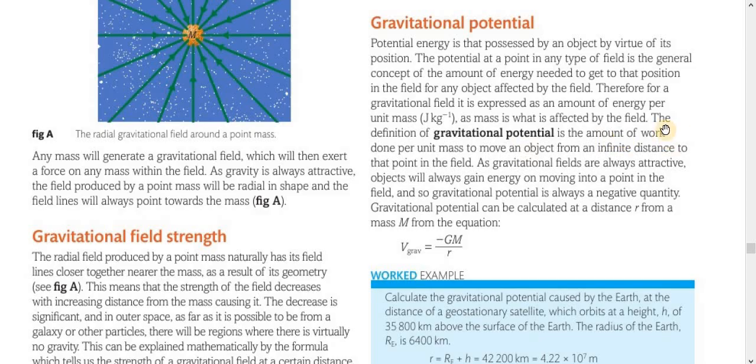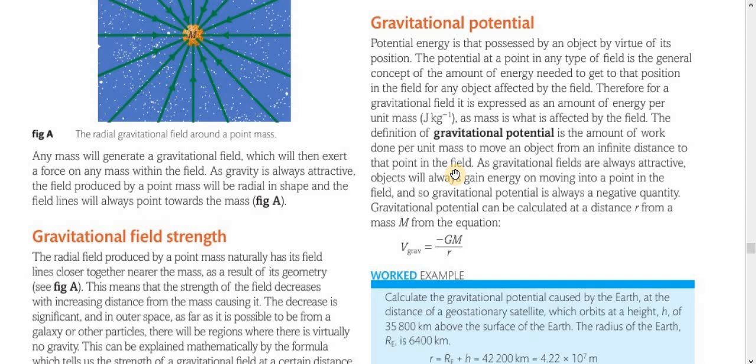And here is the definition. You have to know these definitions because in the exam papers they can ask you to write it down. The definition of gravitational potential is the amount of work done per unit mass to move an object from an infinite distance to that point in the field. Now again, if you have an object at an infinite distance that is out of the gravitational field, let's say of the earth, then what will happen?